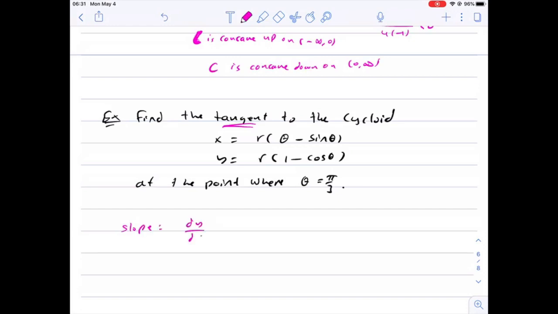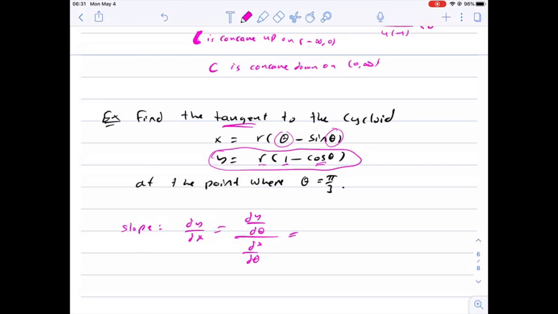This slope is given by dy over dx. Now instead of t, we have theta, so we just change t to theta. So it's dy over d theta over dx over d theta. The parameter is theta. Now, what is the derivative of y with respect to theta? With respect to theta, r is constant. The derivative of 1 is 0. The derivative of negative cosine is positive sine.